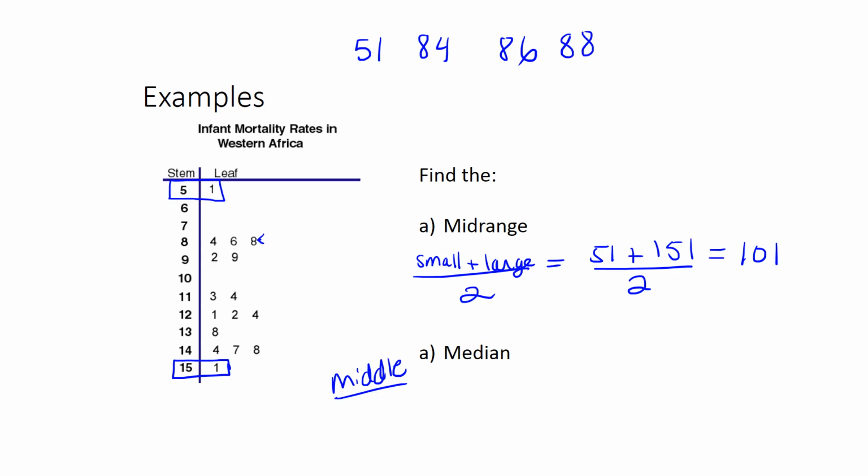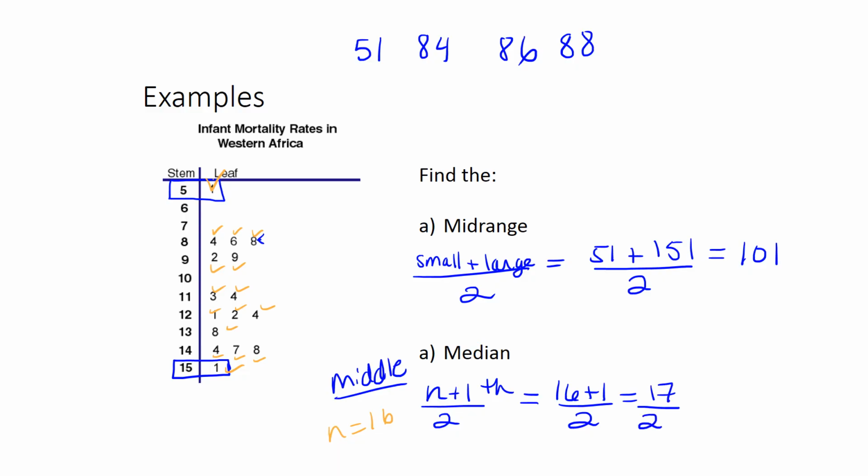You could write them all out, or you could count them, and remember the median is in the (n+1)/2th position, and the number of data values is 1, 2, 3, 4, 5, 6, 7, 8, 9, 10, 11, 12, 13, 14, 15, 16. So n is 16. And if you notice, this is an ordered stem and leaf display, so they are going in increasing order. So we're safe in that regard. n is 16.